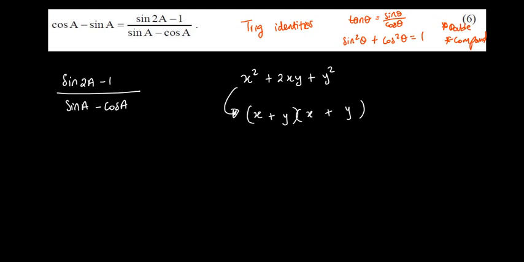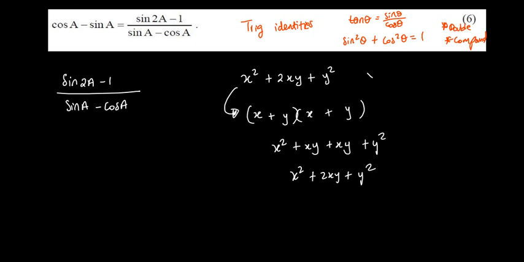Factors of x squared are x and x. Factors of y squared are y and y. The middle term is 2xy. If you multiply, x times x gives x squared, x times y gives xy, y times x gives xy, y times y gives y squared. So you'll have x squared plus 2xy plus y squared.